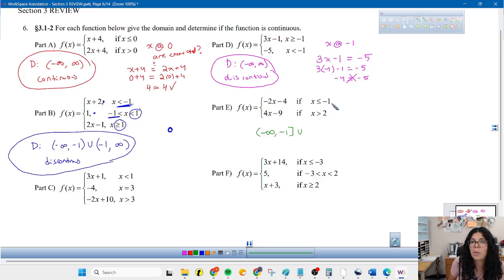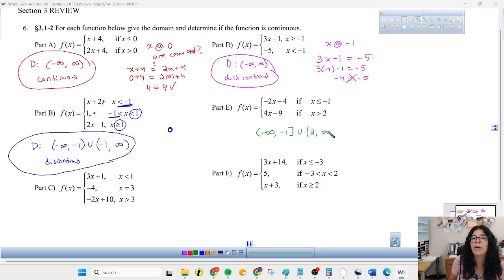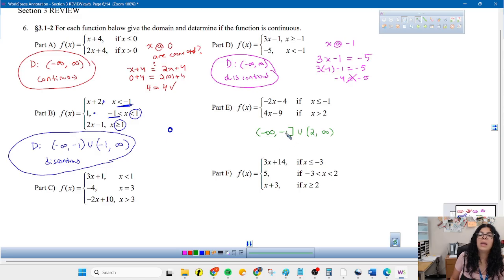What do I do with the x value 0? There's nothing there, so there's stuff missing completely in between. I'm only going to use this graph from negative infinity to negative 1, and then from 2 to infinity. There's nothing anywhere else, so this is definitely discontinuous.